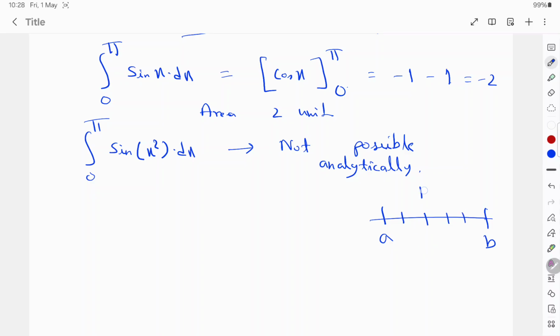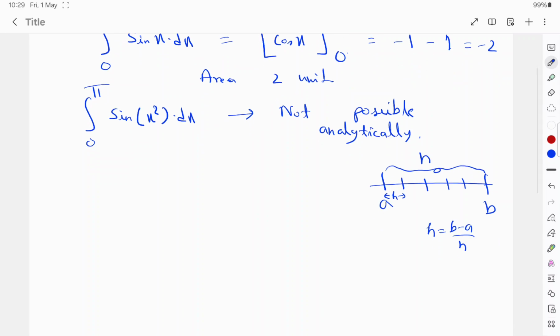Suppose you divide it into n equal intervals, and each length is h, so h equals (b minus a) by n. You observed that if you make n larger, or if you make the step size smaller, then your value will be closer to the exact result.